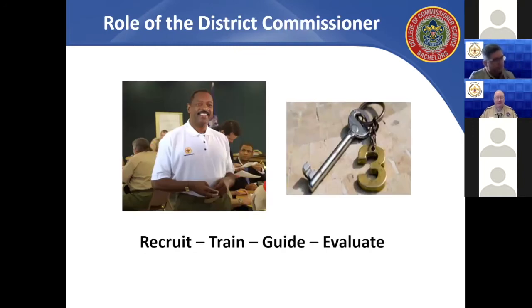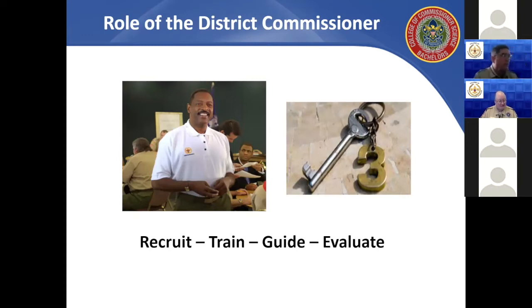Let's talk for a minute about the role of the district commissioner. And this is really all of the administrative commissioners. That's your district commissioner, your assistant district commissioners, and the council commissioners, but one of their focuses is on recruiting. It's our responsibility to do so with support of unit commissioners.